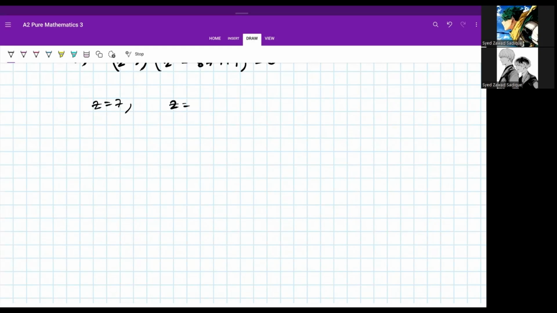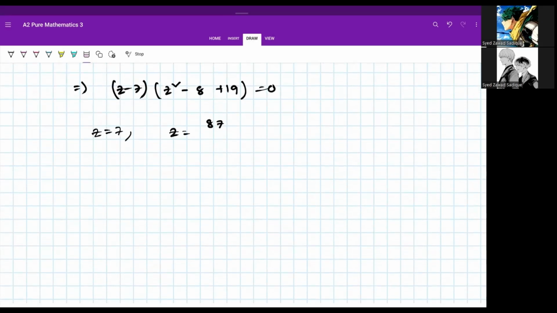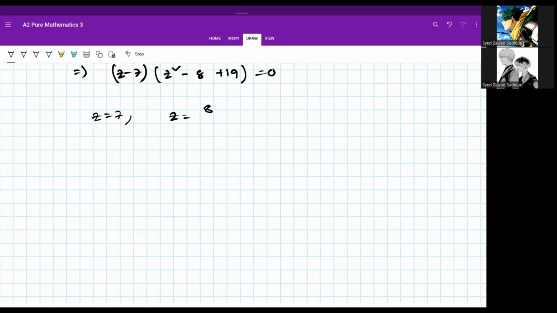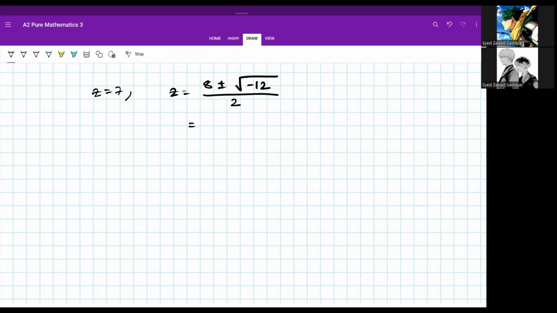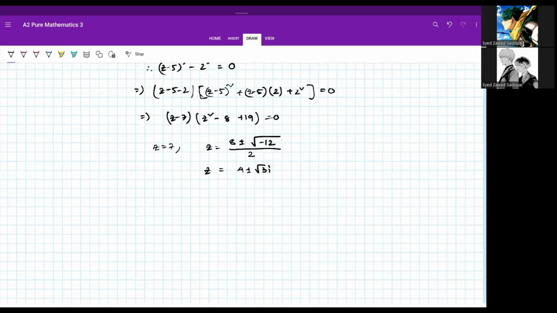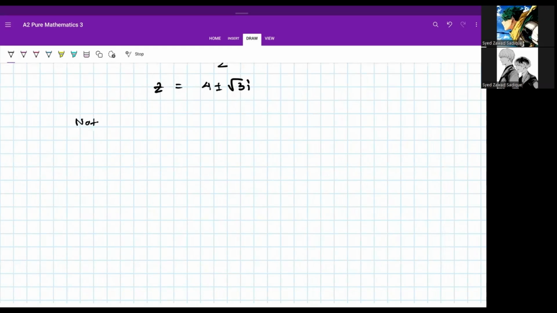Z is equal to 8 plus minus root of minus 12 by 2, which is equal to, taking 2 common, 4 plus minus root 3 i. That's it.